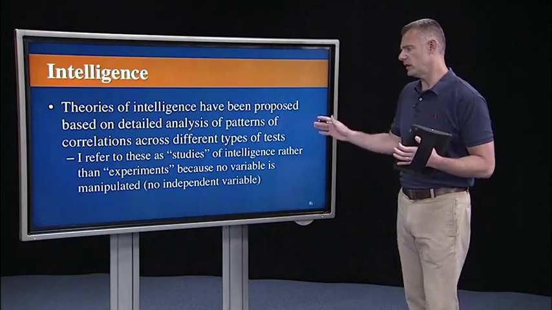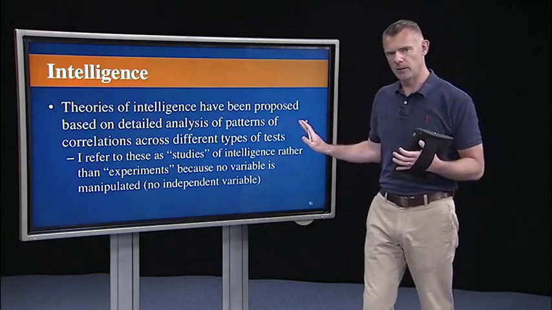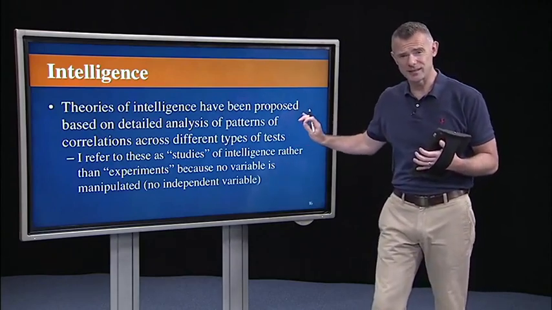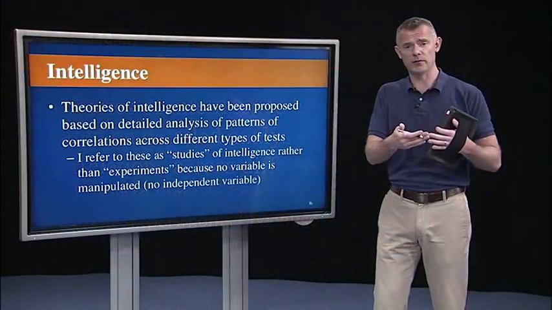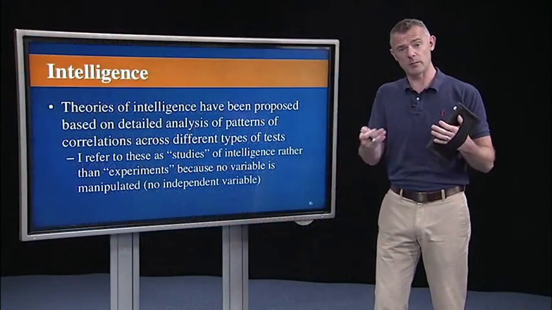And I'll refer to these types of investigations as studies. Just like the personality research, they're mainly studies. They're not experiments. And that's an important distinction: these are just studies of behavior and nothing is manipulated. Whereas in experimental research, there's a manipulation. Like the polio vaccine trials, there was a manipulation.